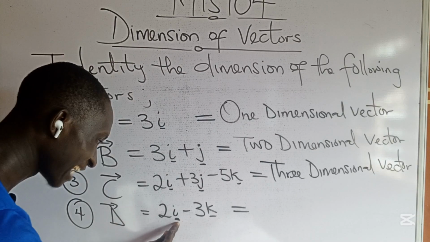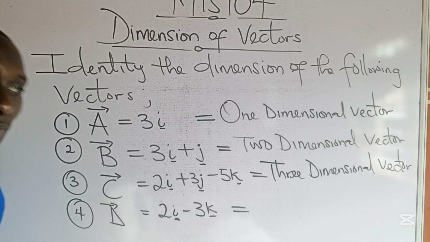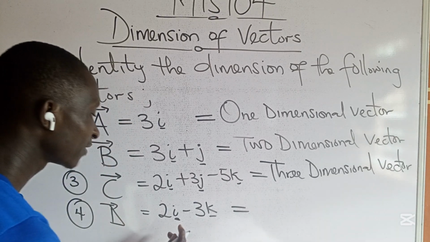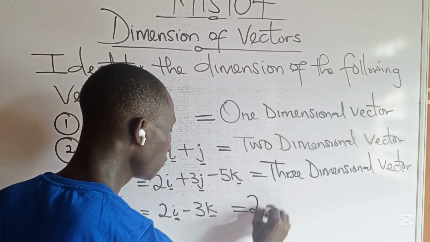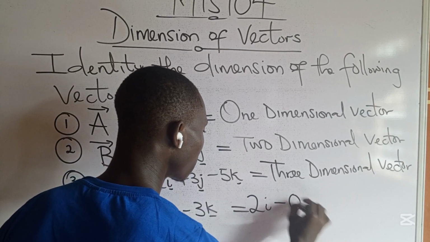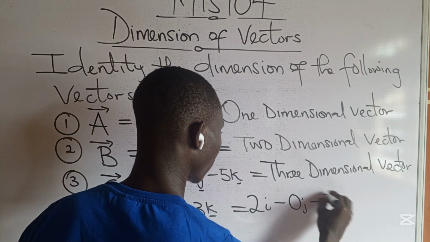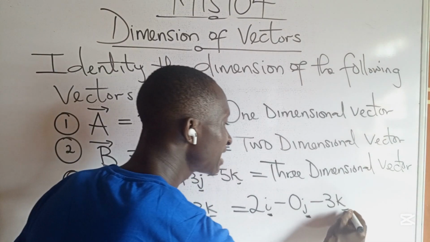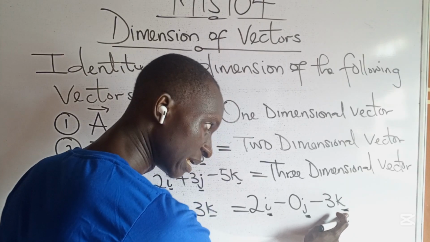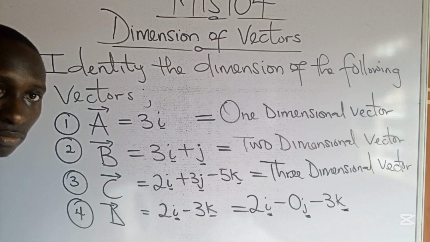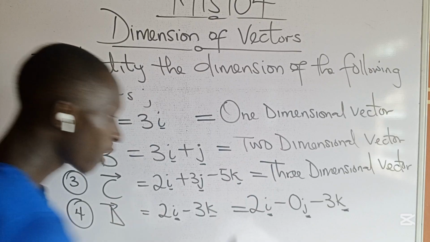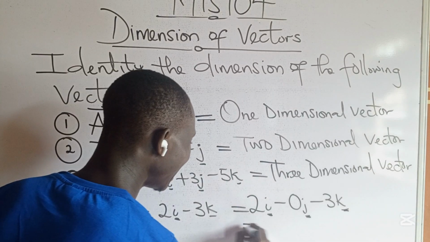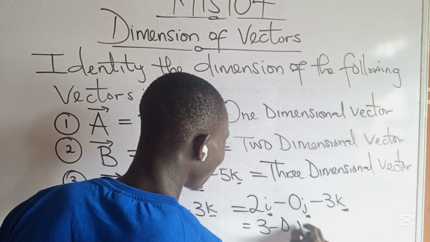Lastly, it contains I and K. Because it contains I and K, I can still write this as 2I plus 0J minus 3K. Because it has moved in this direction, Z, it possesses this also. Are you with me? So as long as it contains K, even with I and K, it doesn't mean it is two-dimensional. This is a three-dimensional vector.